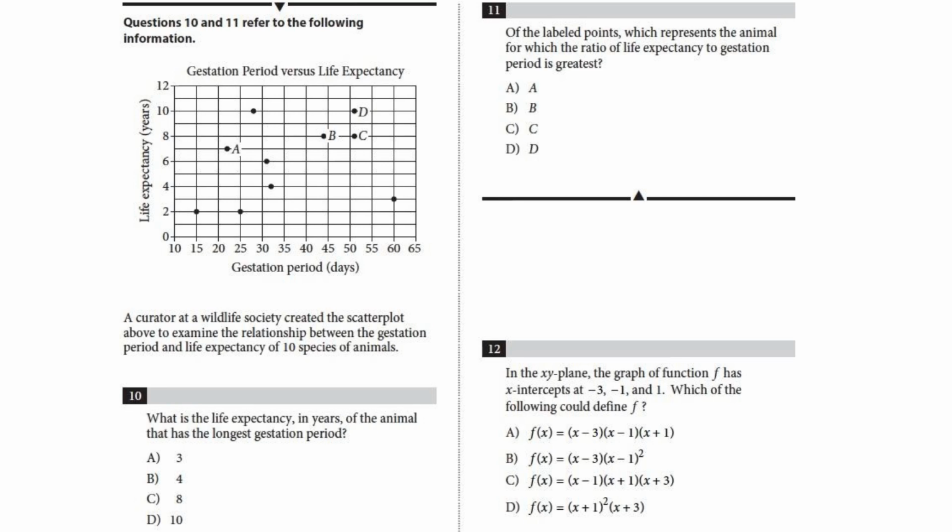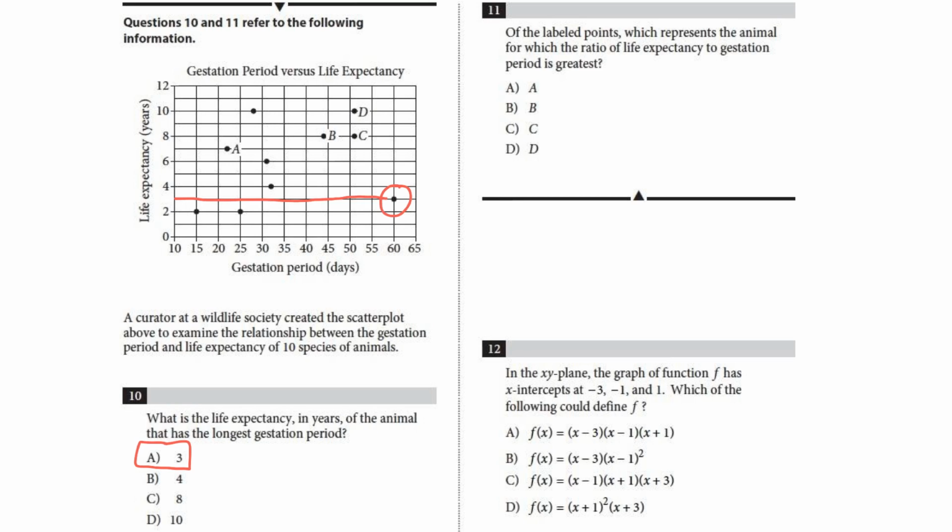Well, the animal that has the longest gestation period is this animal, and the life expectancy of that animal looks like 3. And that is 3 years.